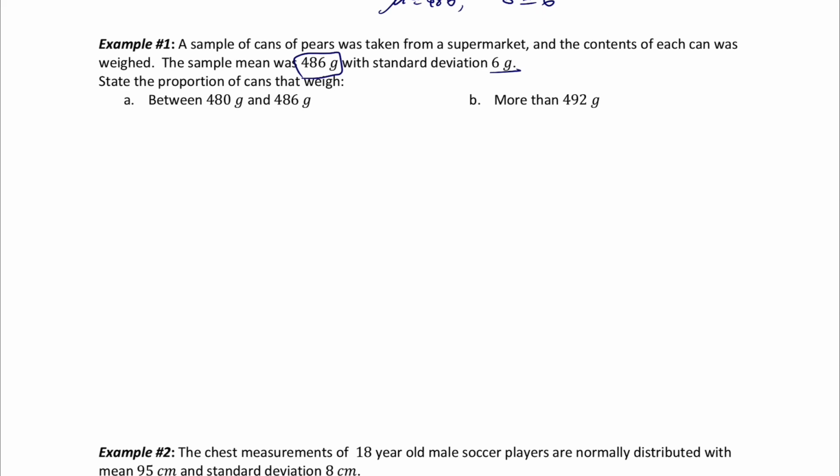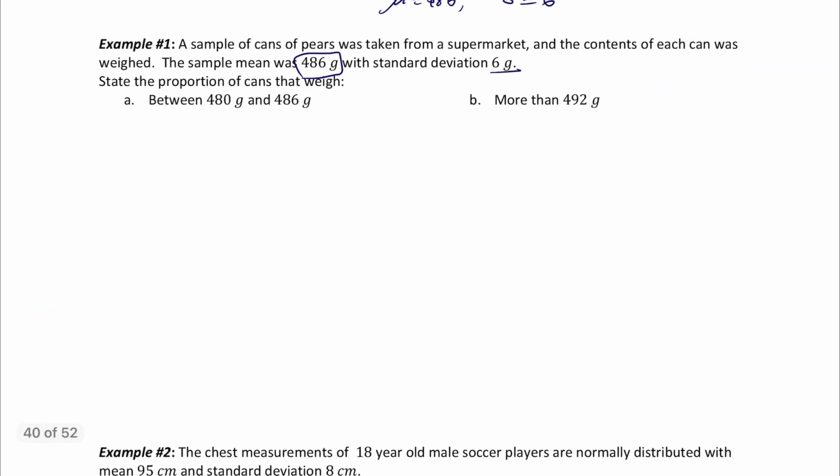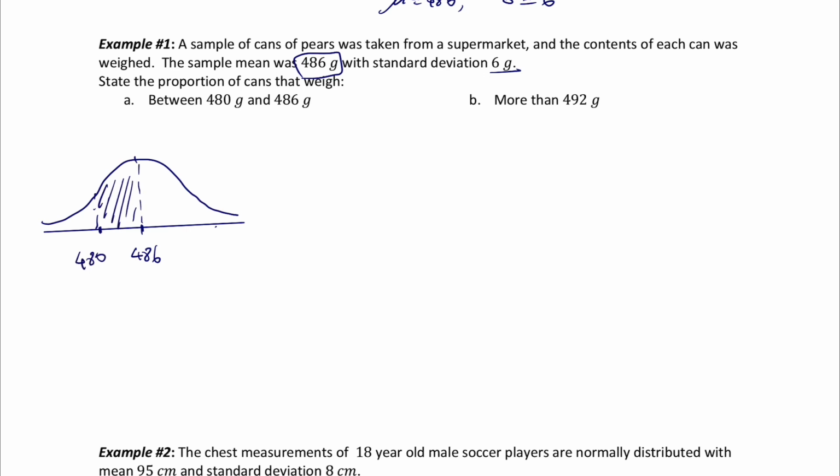So if we use the graph that we just talked about, we can say that since the mean of the graph is 486, between 480 and 486 is the same as the area between the mean and one standard deviation away.